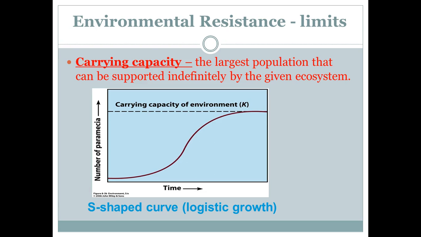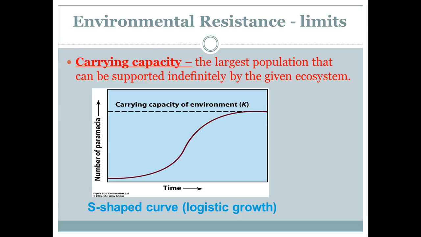Carrying capacity is the maximum number in a population that can be maintained by an ecosystem. So now we're looking at factors that a species needs to live there.